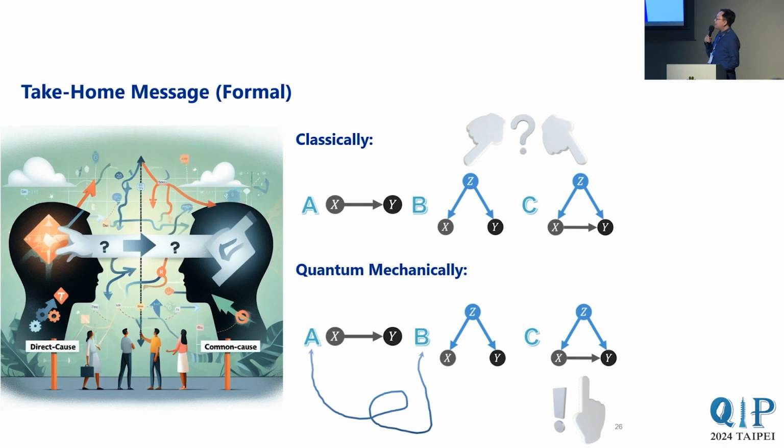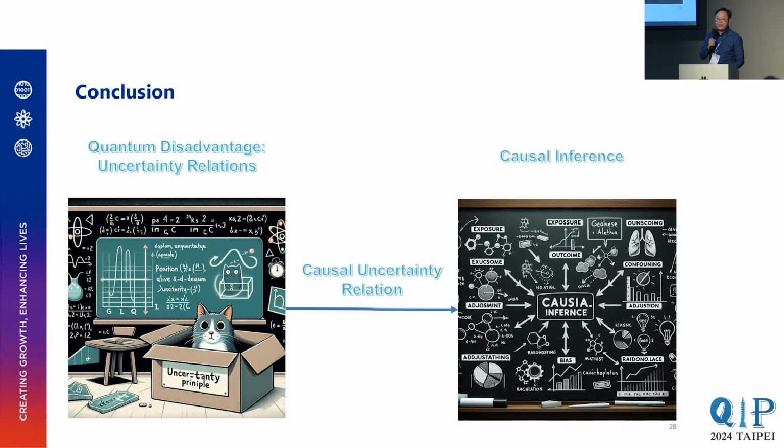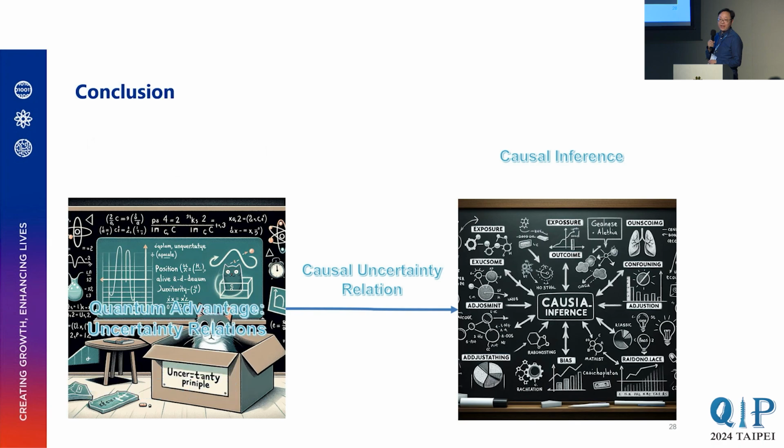So now let's make a conclusion. In quantum foundation, there's a typical quantum disadvantage called uncertainty relation, and there's a new research area called causal inference. We use uncertainty relation to build a connection between them called causal uncertainty relation. This causal uncertainty relation transforms the original quantum disadvantage into quantum advantage.